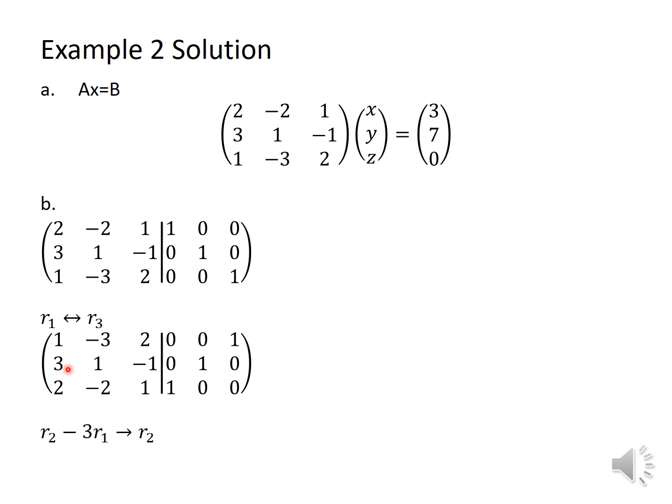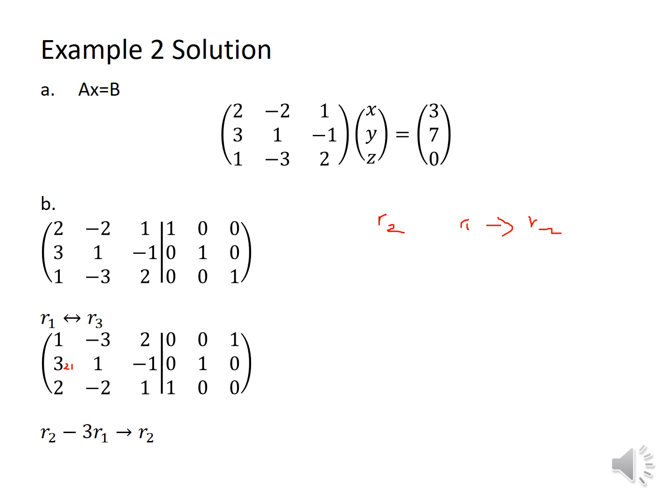The coordinate of this element is at the second row, first column. So you can write down first: R2 minus 3 R1, replace into R2. Actually, they are the same procedure.